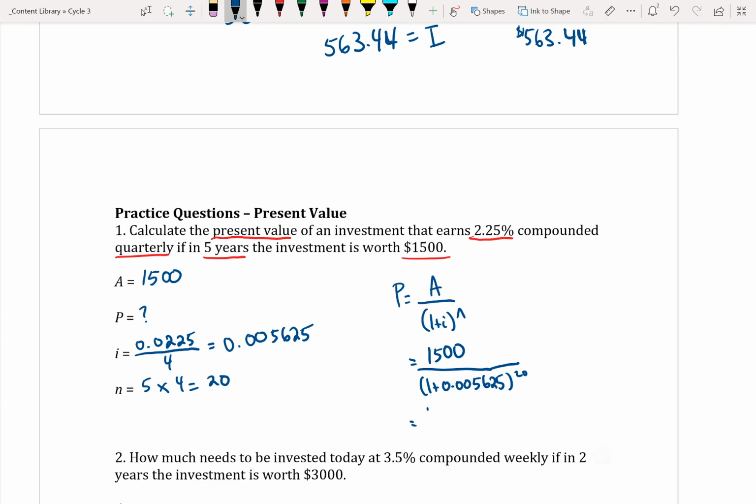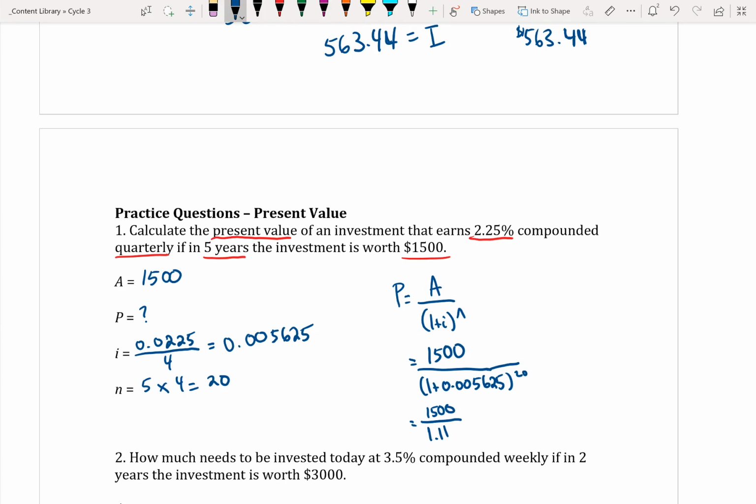I'm going to simplify the bottom first. You can probably do both at the same time if you're comfortable using your calculator. If you're not, or you seem to be getting something wrong, I would say in this case, simplify the bottom first and then do your division.